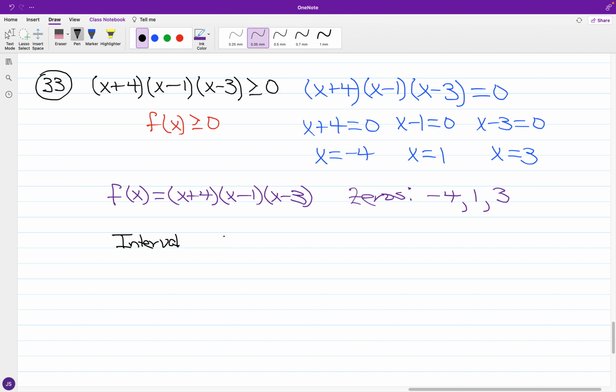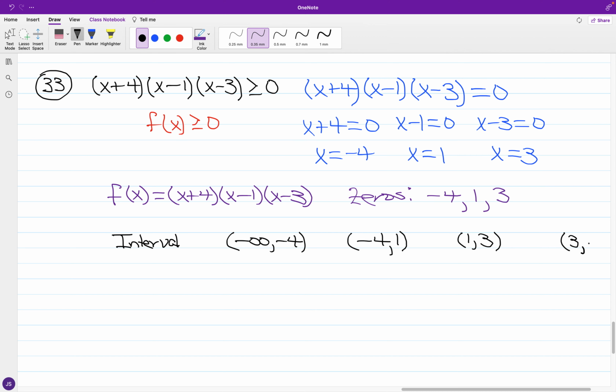Okay. So at the lowest end, you have those values of x less than negative 4. You have those values of x between but not including negative 4 and 1. Then followed by those values of x between but not including 1 and 3.